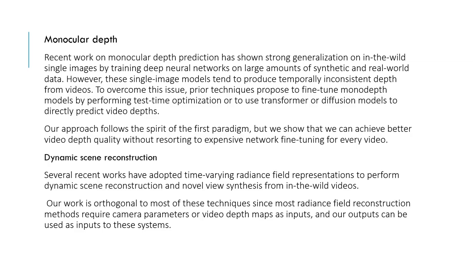This is the same paradigm we use here to achieve better video depth without an expensive network for fine-tuning every video. Next, dynamic scene reconstruction. It is nothing but reconstructing a 3D scene even though the scene is dynamic.